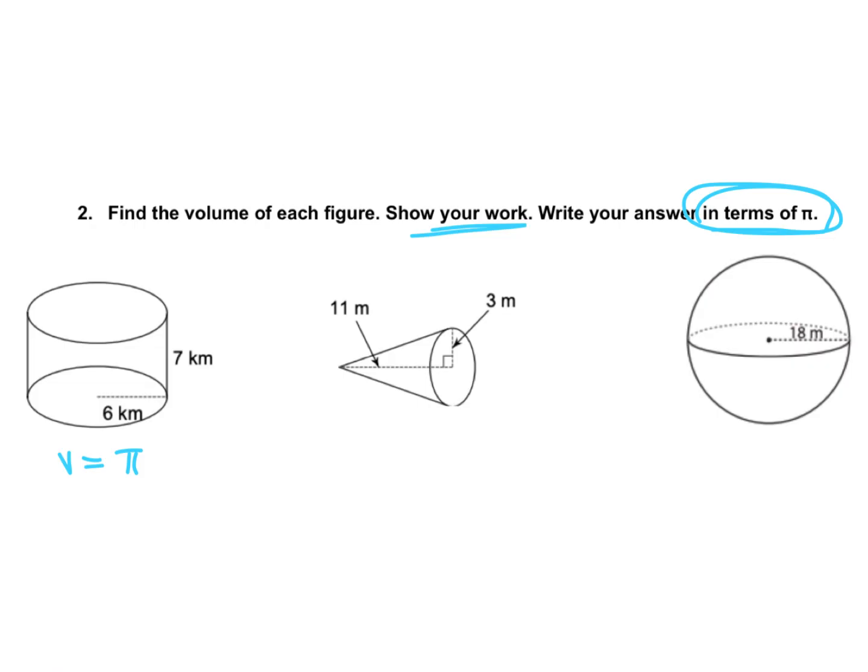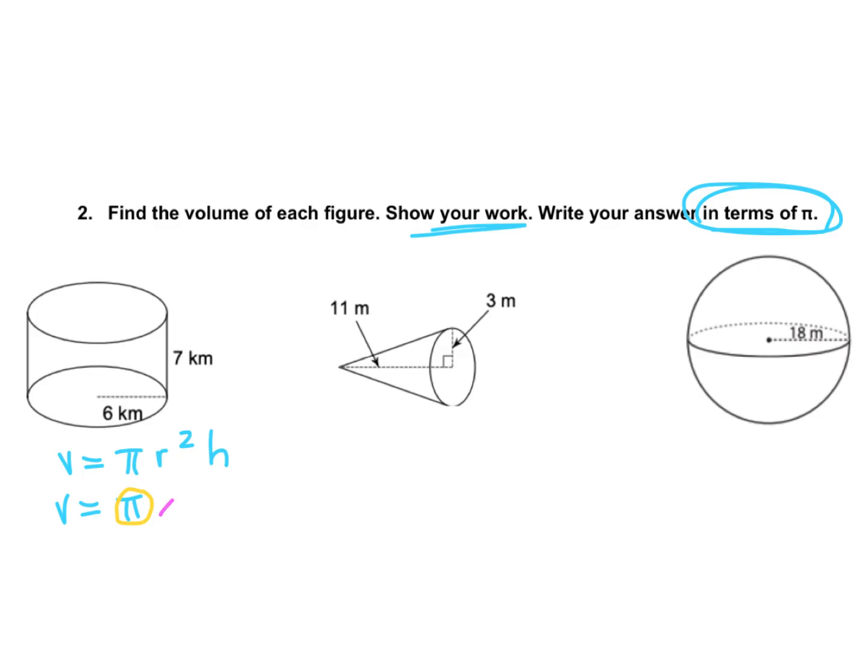On the formula sheet, it says V equals pi r squared h. Now, to show your work, you're going to show what we're substituting in. In terms of pi means we are going to just leave the pi symbol. We're not going to calculate the pi.